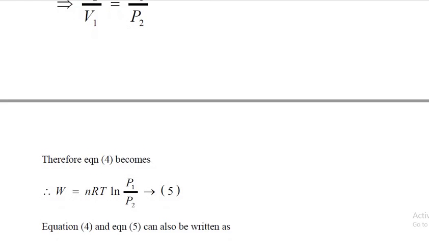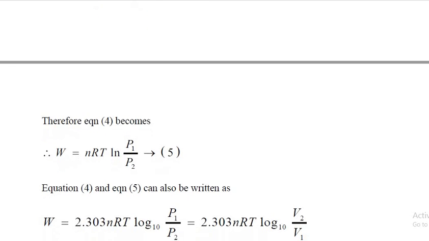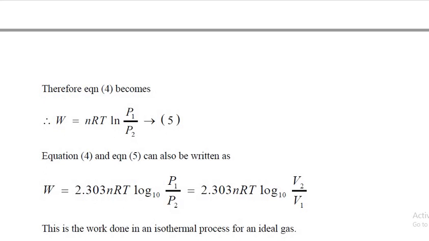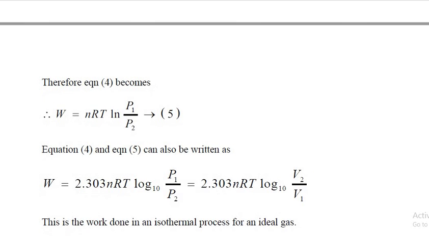Equations 4 and 5 can also be written as W is equal to 2.303 nRT log to the base 10 of P1 by P2, which is also equal to 2.303 nRT log to the base 10 of V2 by V1. That is, we are writing equations 4 and 5 in terms of log to the base 10. This is the work done in an isothermal process for an ideal gas.